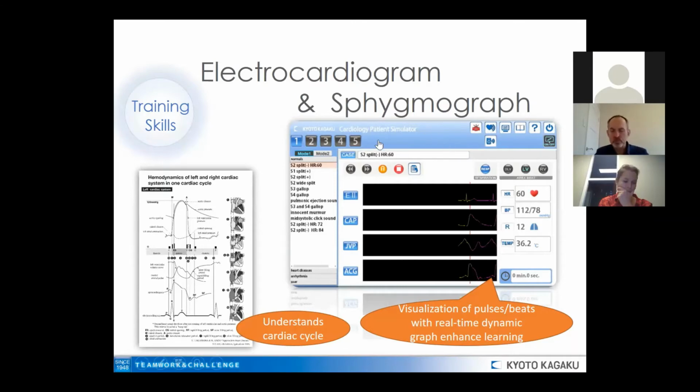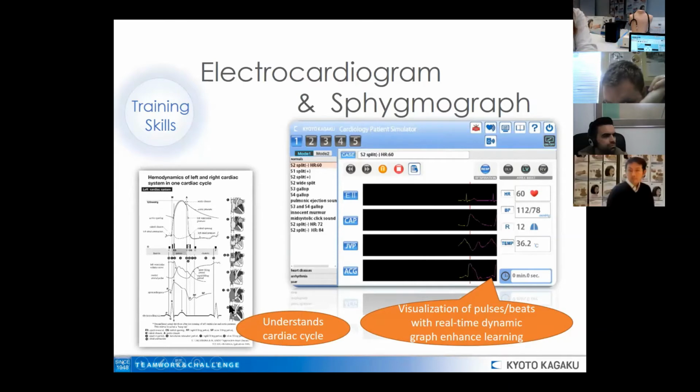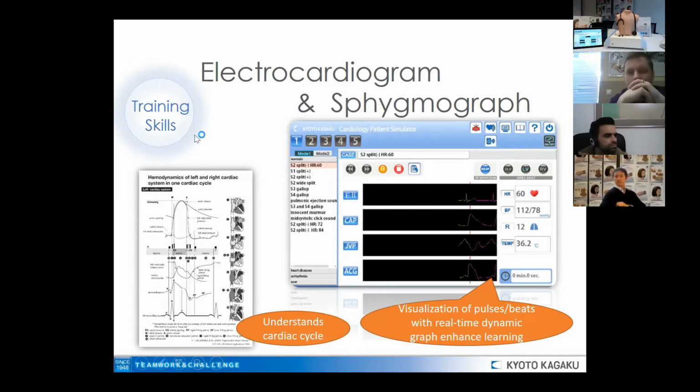Everything is synchronized, and you can visualize here the pulses and the beats in real time in order to understand the complete cardiac cycle. This is the objective of the simulator: that with all this information, the students can understand the cardiac cycle and understand if there is a failure in any part of this cycle.